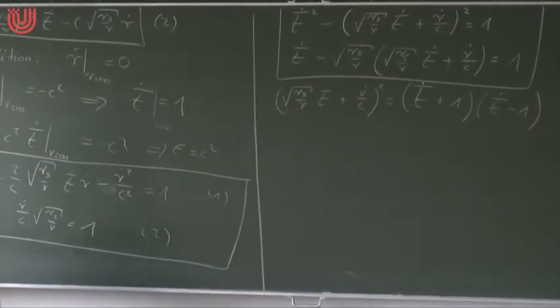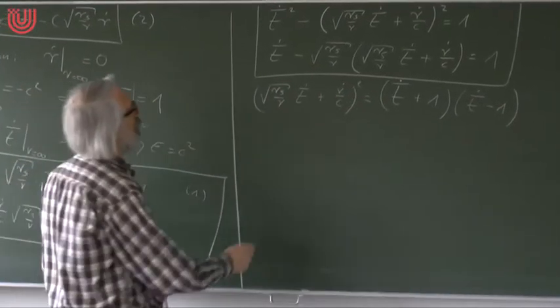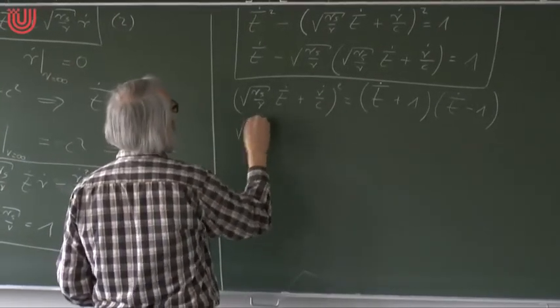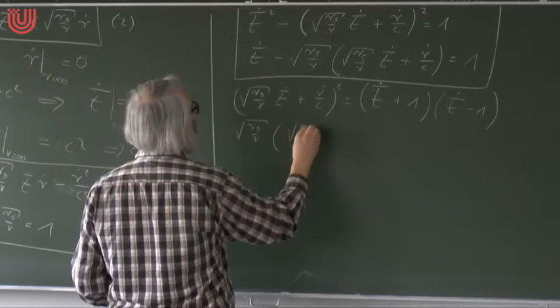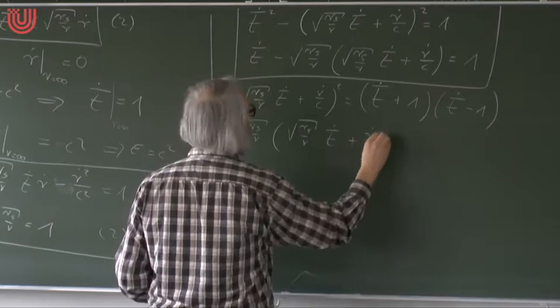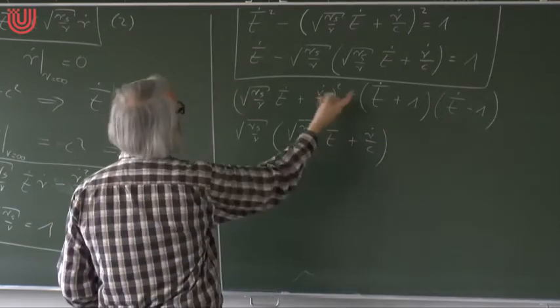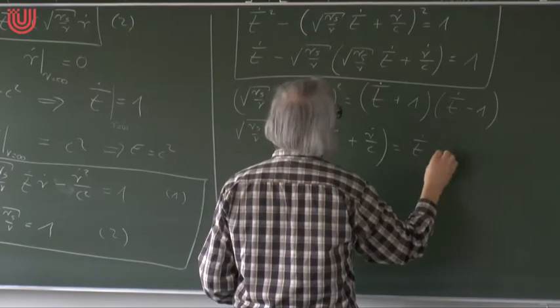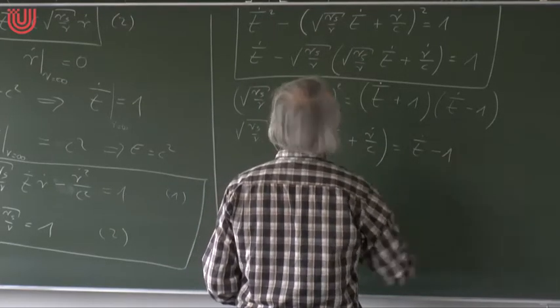That's the first equation. And the second equation is, if I solve again for this here, t bar dot plus r dot over c. So I have this on the other side, so I have here t bar dot minus 1.